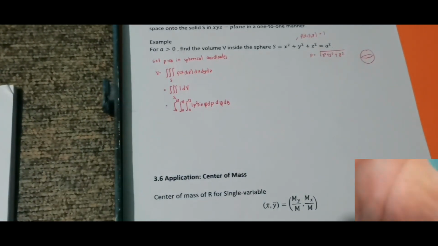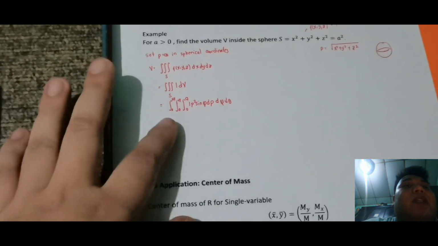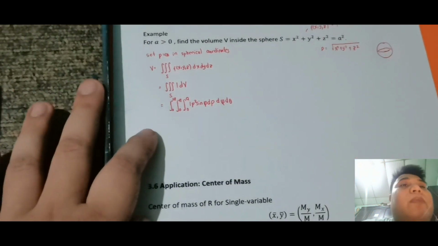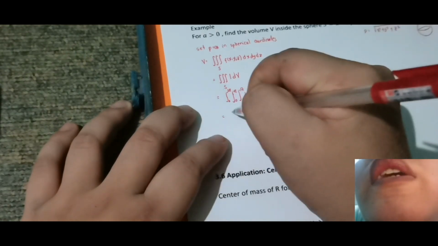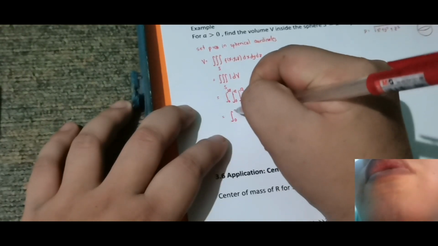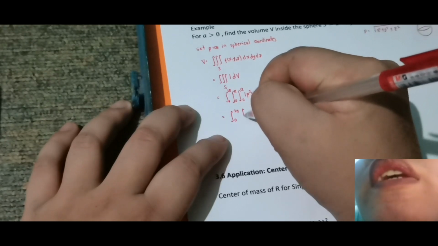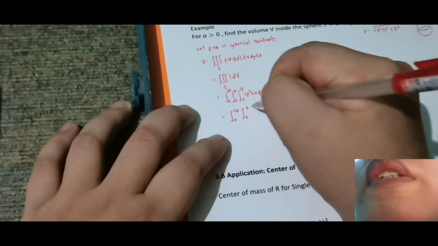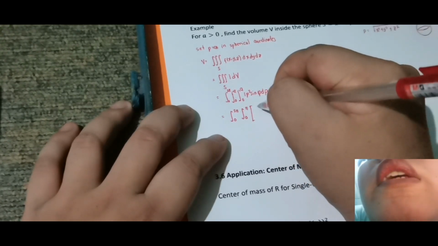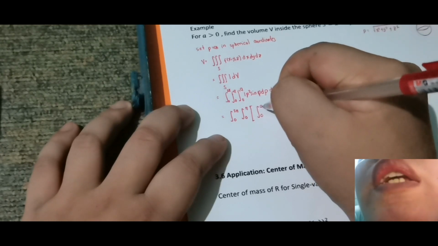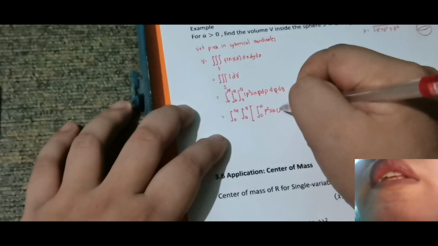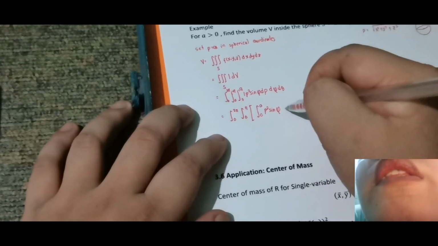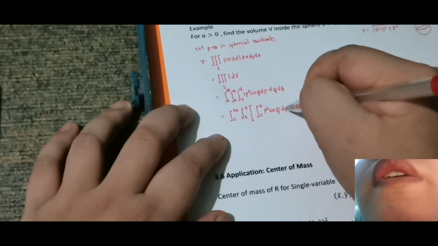So, konting zoom ko lang to. Pasensya na, late ng sulat na sir, kasi tinatansya ko rin talaga yung magiging solution natin. Okay, so, arrange natin. This is just equal sa integral from 0 to 2 pi, integral from 0 to pi, tapos lagyan ko na ng bracket, integral from 0 to a ng rho squared sine zenith d rho.